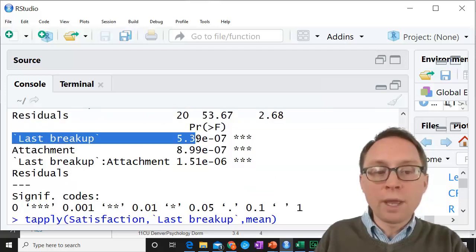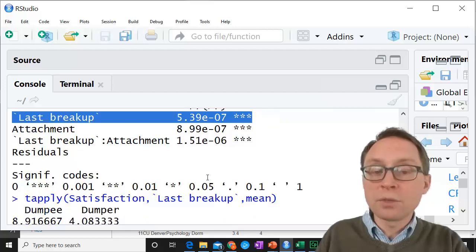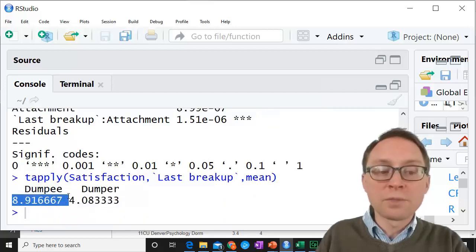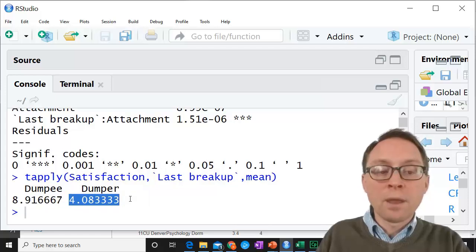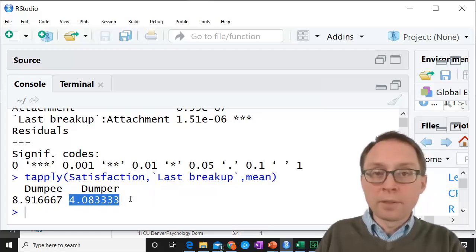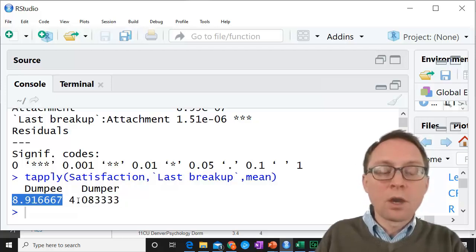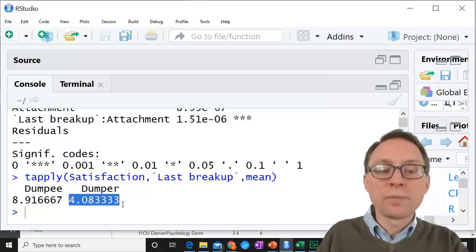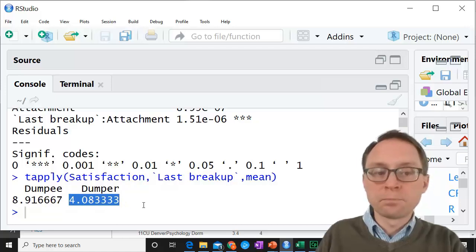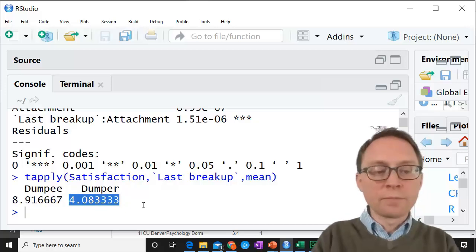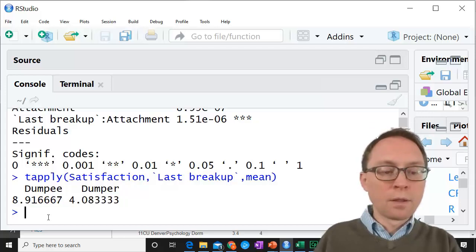And we already know right here that there's a significant difference between those two. That means there's a significant difference between dumpees and dumpers. And so the main effect of last breakup is significant in that dumpees are significantly more satisfied with the relationship than dumpers.